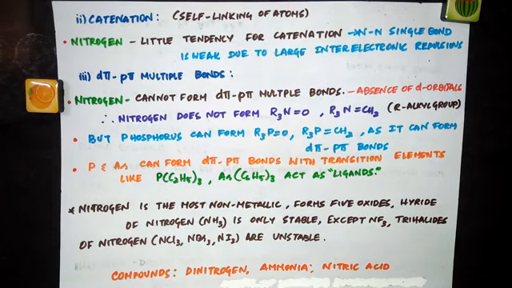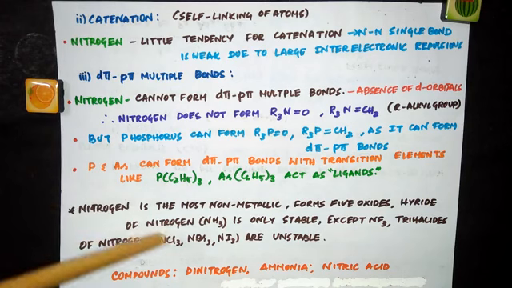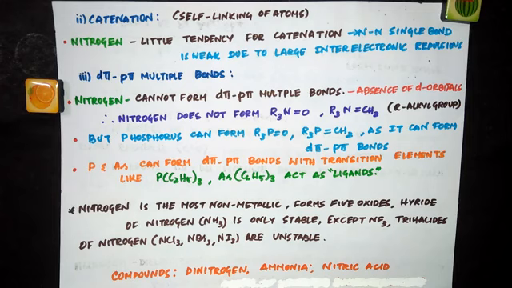We have seen this in the previous video when we discussed the chemical reactivity trends of group 15 elements, how they form oxides, hydrides and halides, and the reasons why the trihalide NF3 is stable, whereas the rest of the trihalides are unstable. So these are the anomalous behaviors of nitrogen.